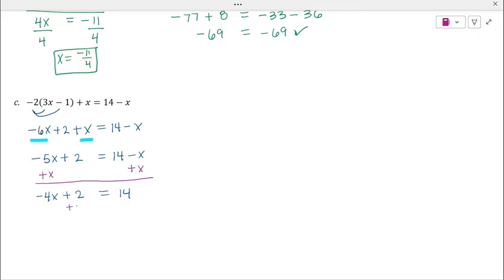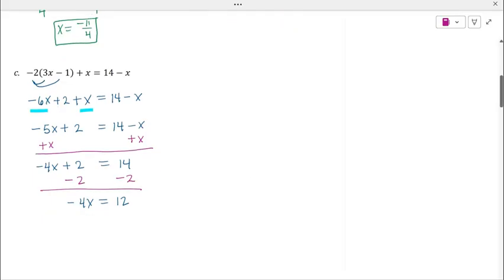Then we'll subtract 2 from both sides. So I'm getting negative 4x equals 12, and then we can divide by negative 4. So it looks like our answer is a negative 3.